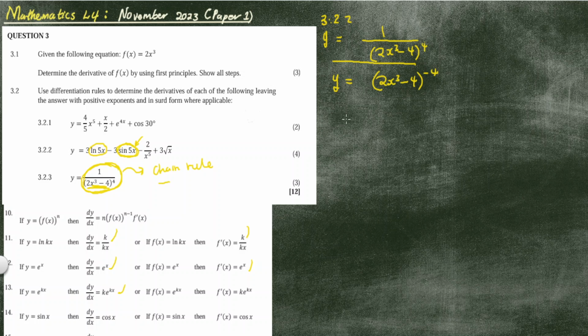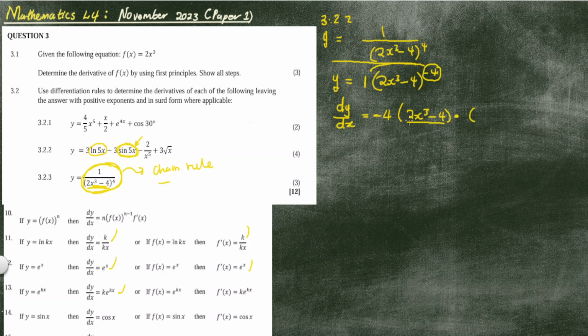So we're going to say dy over dx is equal to, applying the power rule, you take this exponent and multiply it by the one in front, you now have minus 4 open bracket 2x cubed minus 4, multiplied by the derivative of what's inside the bracket.